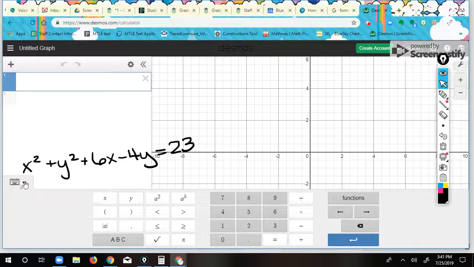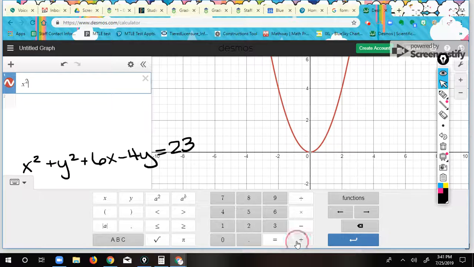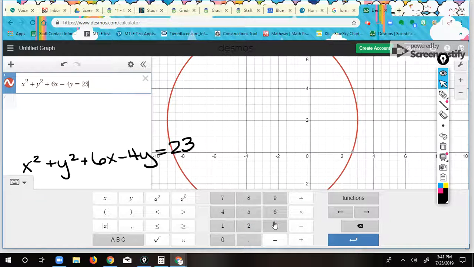So we're going to type in x squared plus y squared plus 6x minus 4y equals 23. Bam! Look at that.